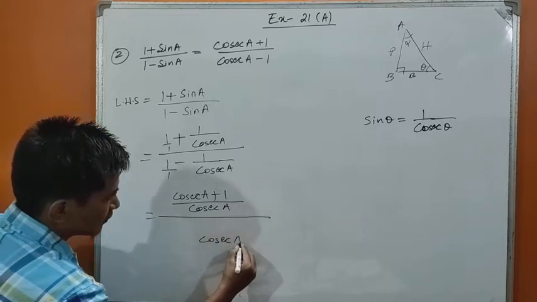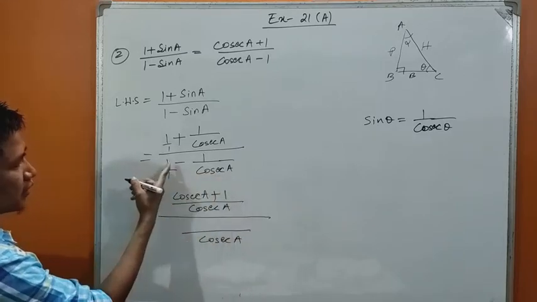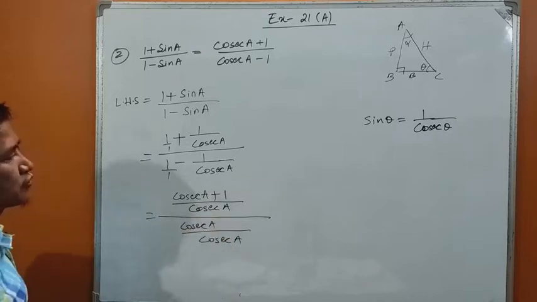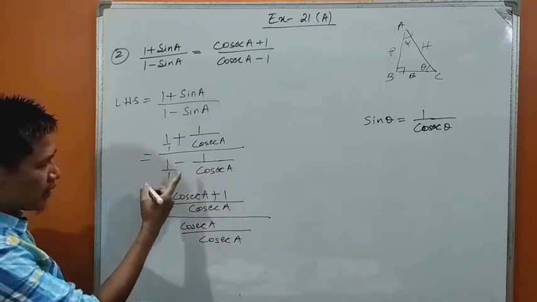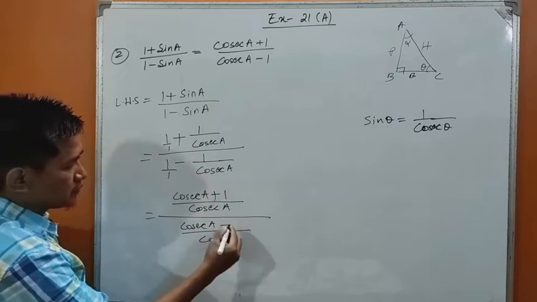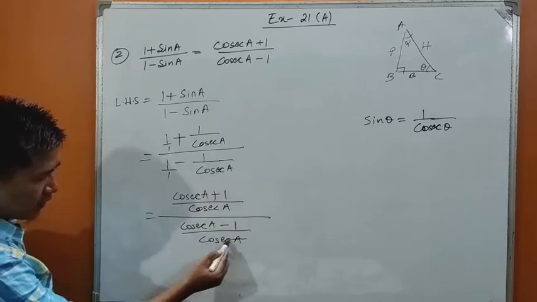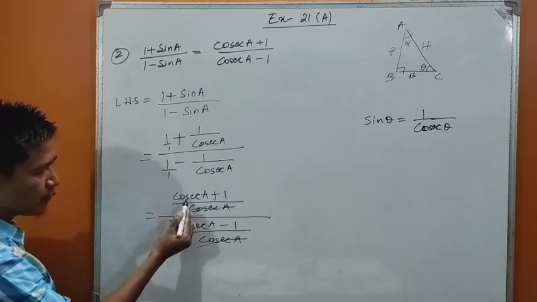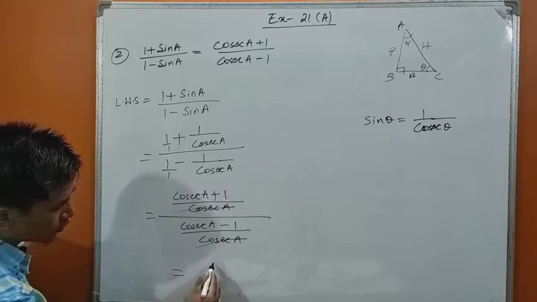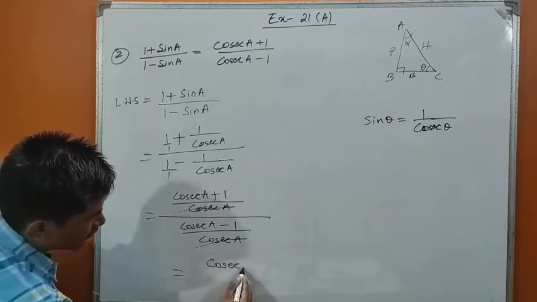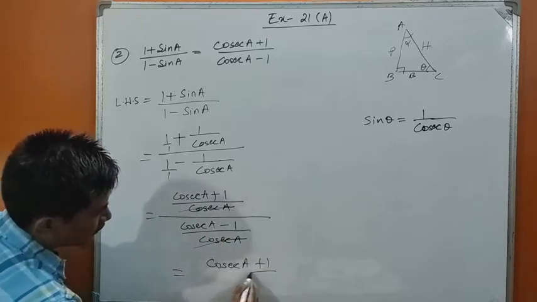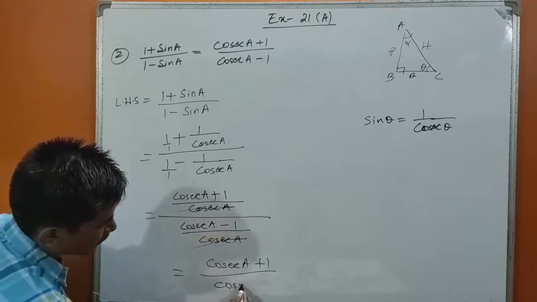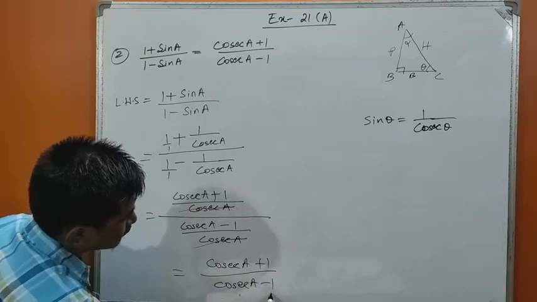So cosec a minus 1 into 1 is 1. Now this cosec a and this cosec a can be cancelled. So in the numerator we have cosec a plus 1, and in the denominator cosec a minus 1.